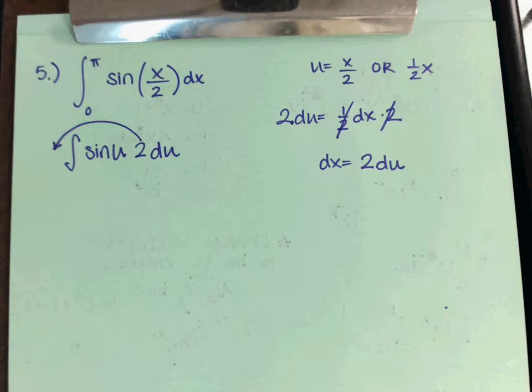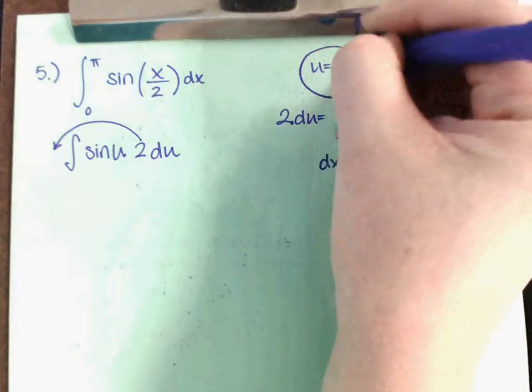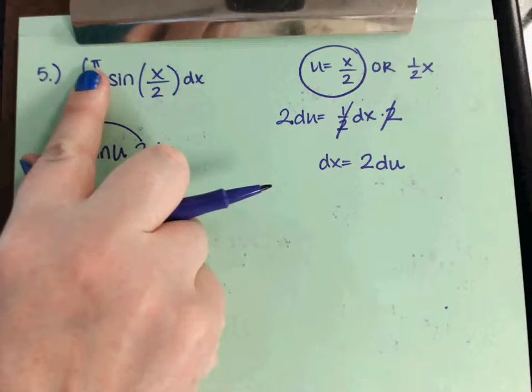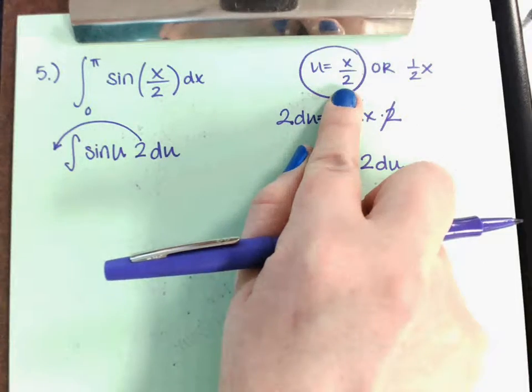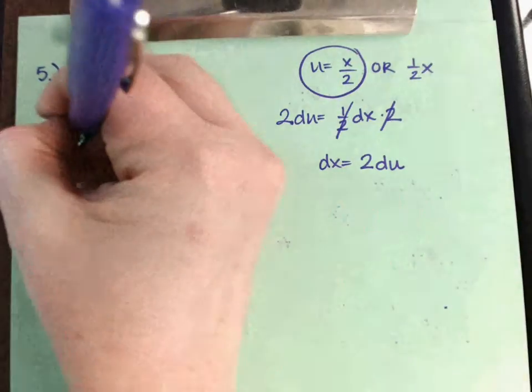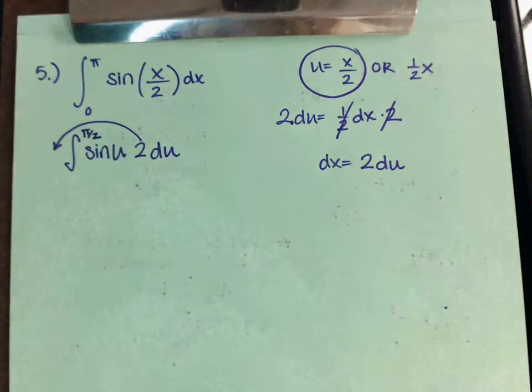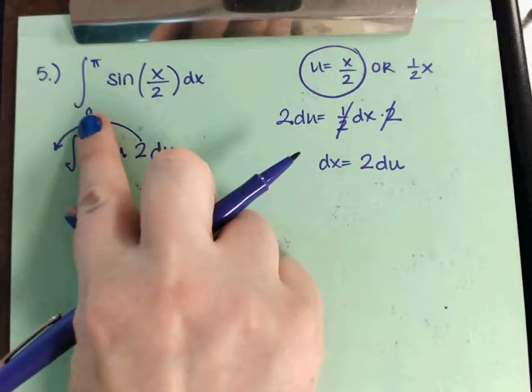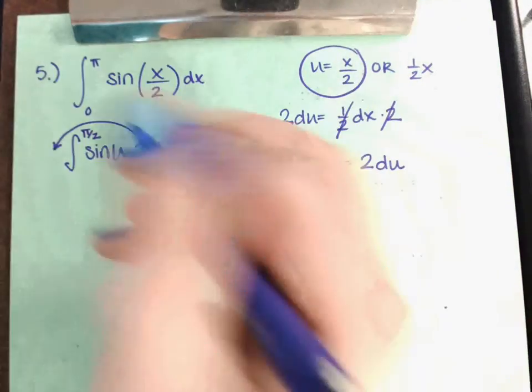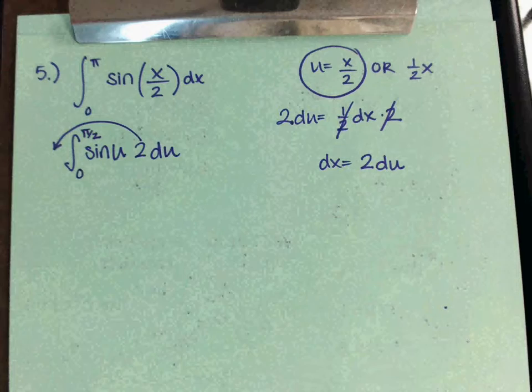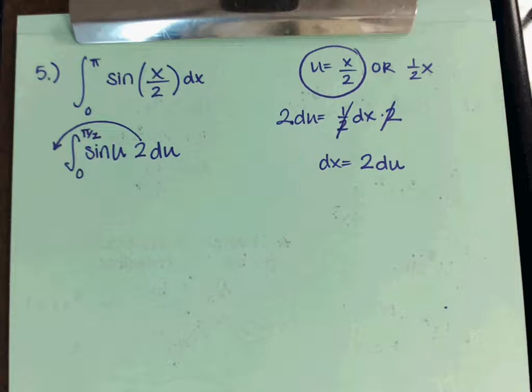Okay, so now that it's all u's, we're going to switch them. Now, look at what your u is. When I plug in pi, what am I going to get now? Pi over 2. When I plug in 0, 0 over 2 is still 0. So it is possible for them to stay the same, but a lot of times they do change.